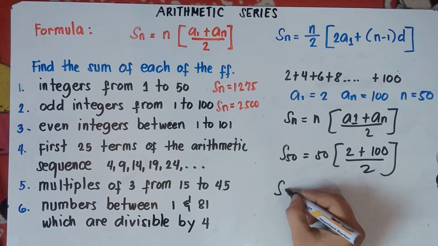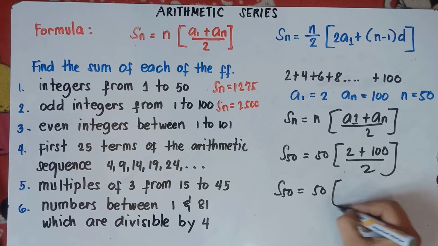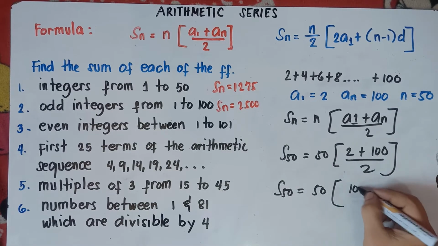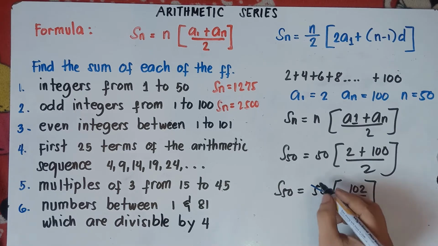So we have S sub 50 equals 50, 2 plus 100, that's 102, divided by 2. We can reduce this one: 50 divided by 2 is 25.